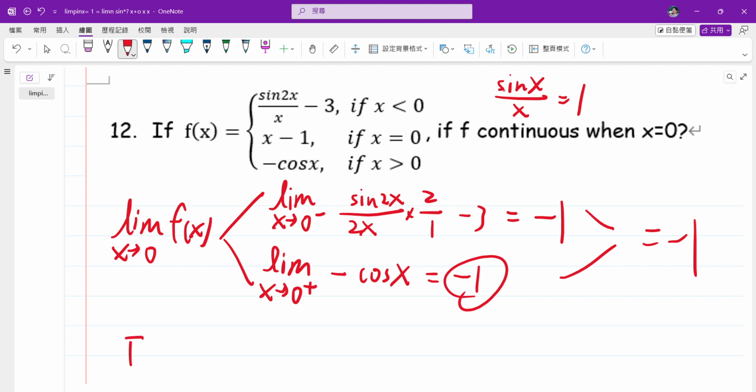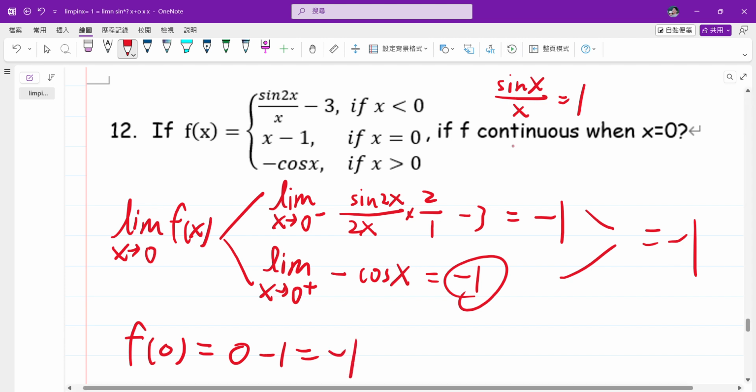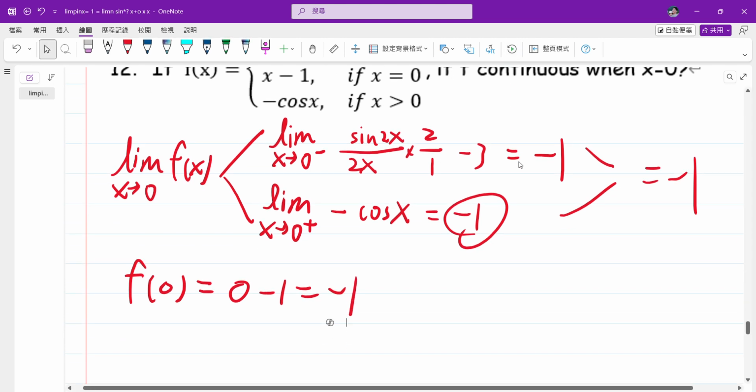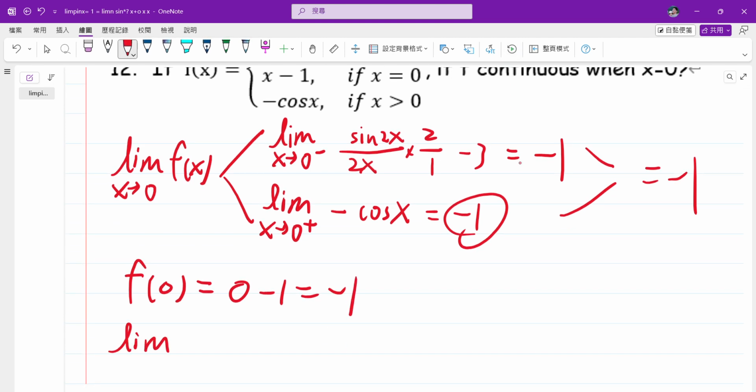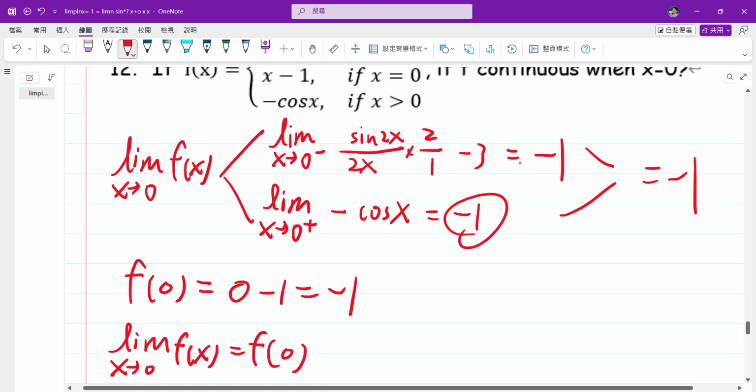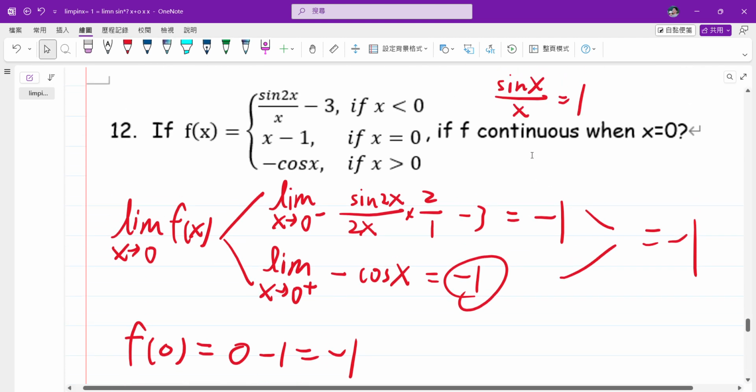And then f of 0 equals 0 minus 1, equals negative 1. Okay, so the key sentence you have to write is that the limit when x approaches 0 of f of x equals f of 0. So yes, it is continuous at x equals 0.